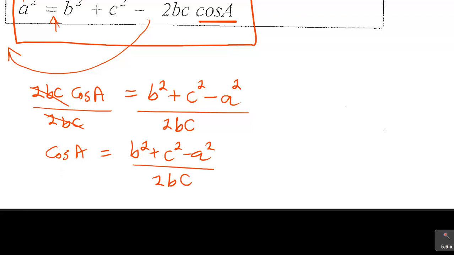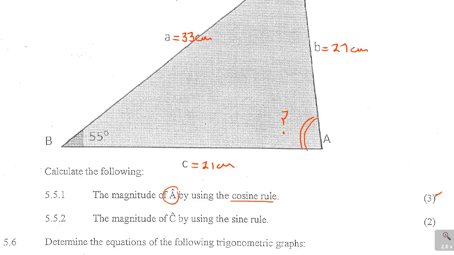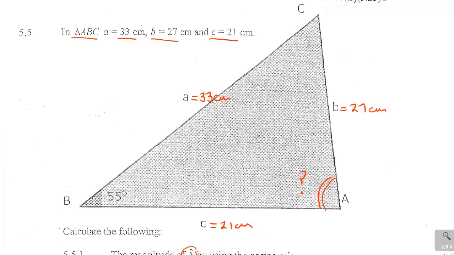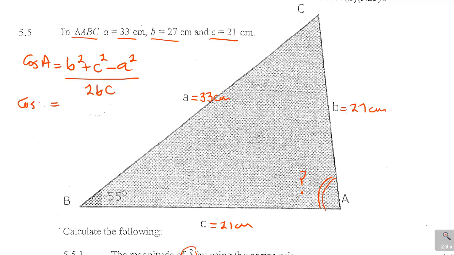I can write it here to say cos A is equal to b squared plus c squared minus a squared over 2bc. See that? That is my cos A.